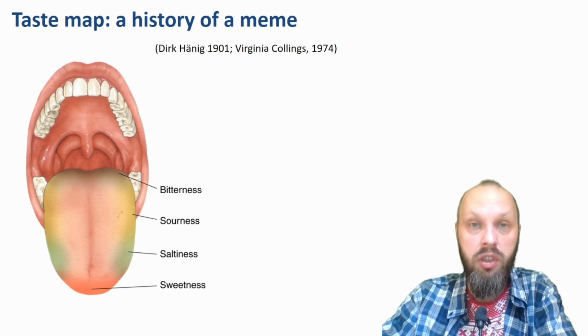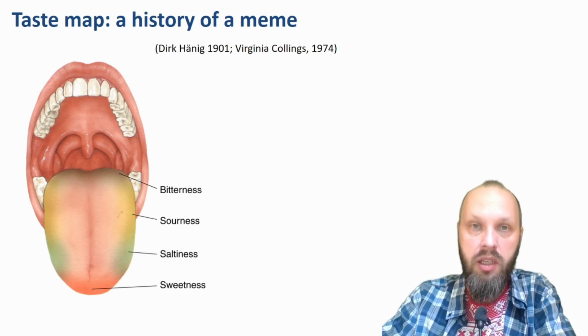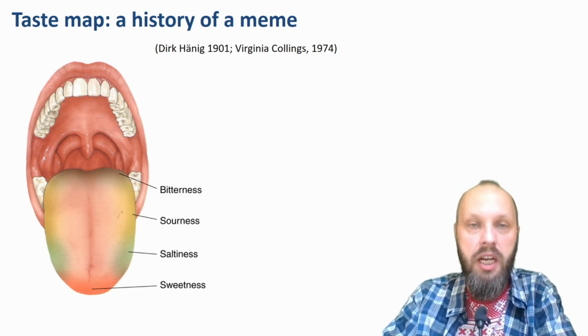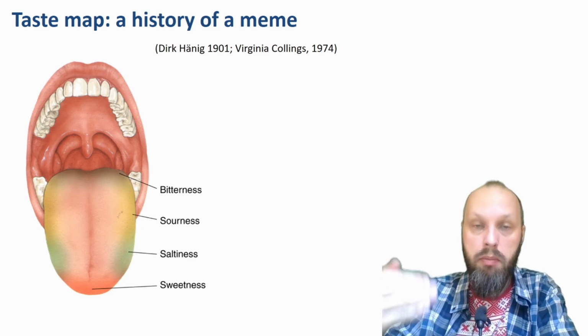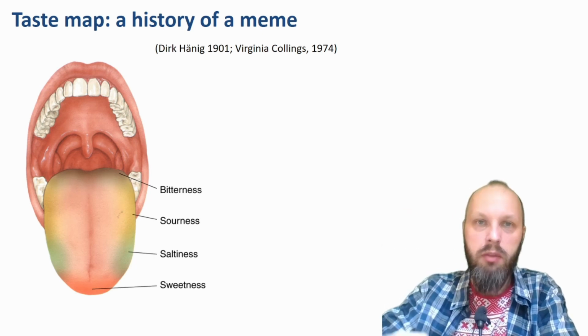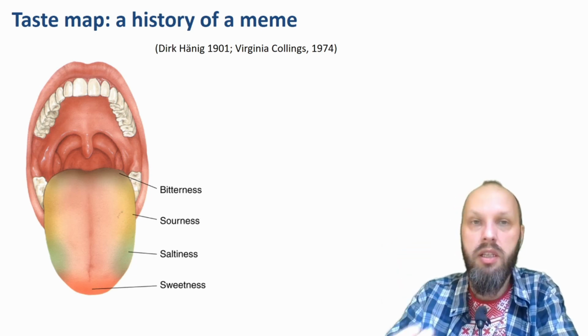So they started to include it in textbooks, and then one textbook would reprint another textbook's claims, and gradually these claims would get amplified. The original paper actually only claimed that the sensitivity is slightly different, but by about mid-20th century, textbooks started to claim that different parts are responsible for different tastes. You can see how it's a slippery slope.